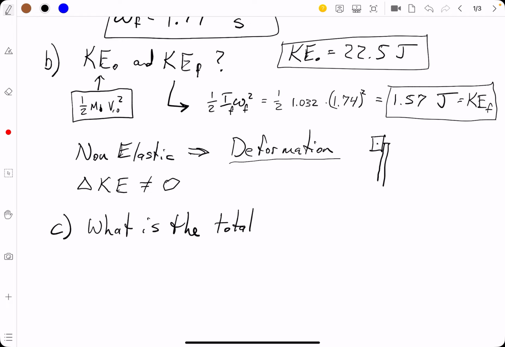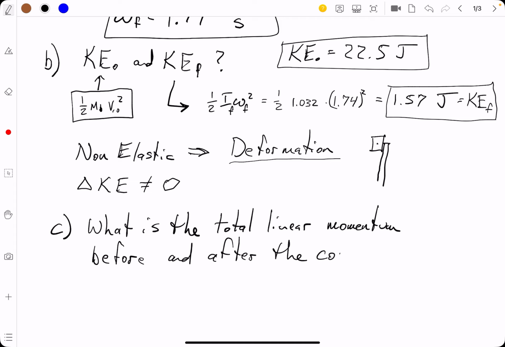Total linear momentum before and after the collision. Okay.